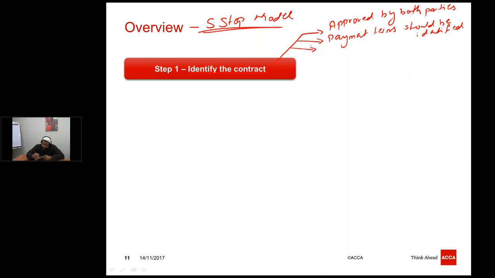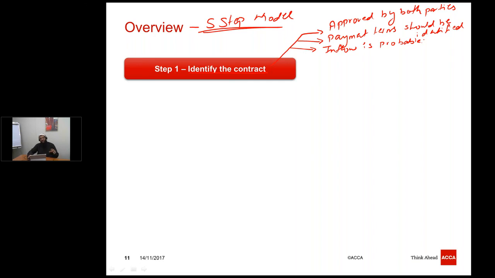And the third thing is that the inflow of the payment is probable. Only if the inflow is probable are we going to consider that the contract is complete.